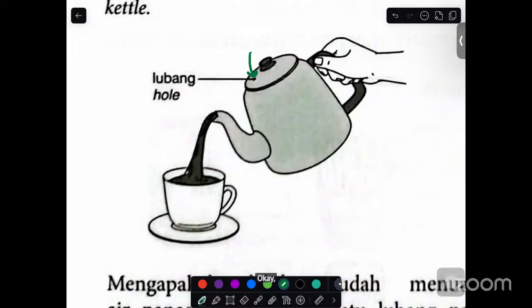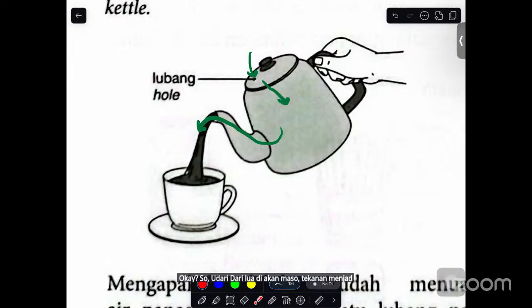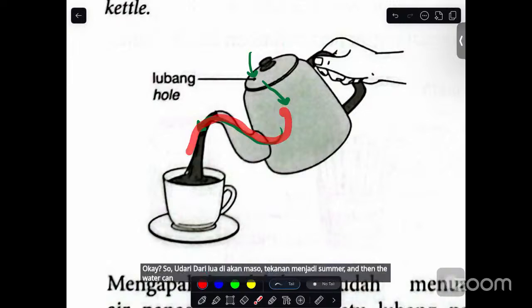Dia kena masuk ke dalam sini so that tekanan dia boleh, ada tekanan and air boleh keluar. Okay, so udara dari luar dia akan masuk, tekanan menjadi sama and then the water can come out.